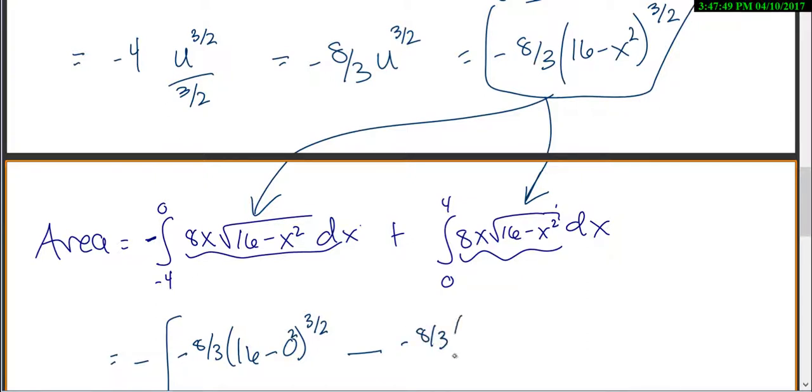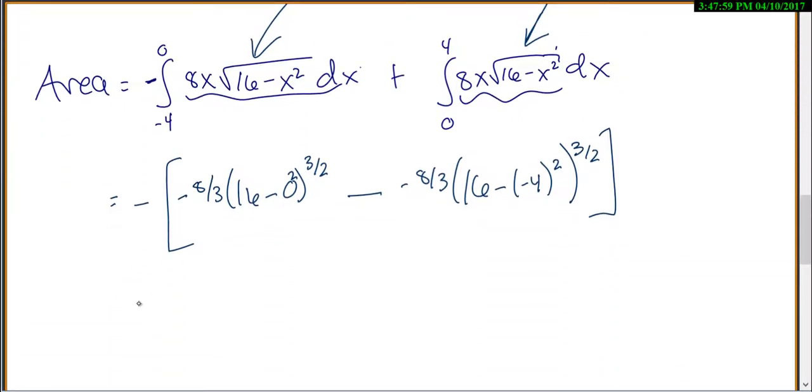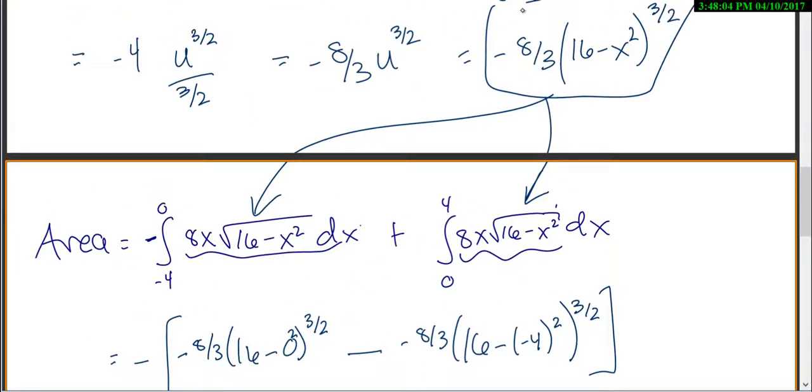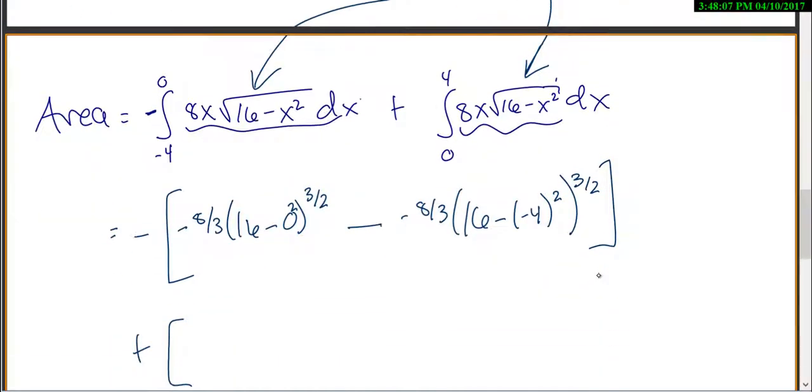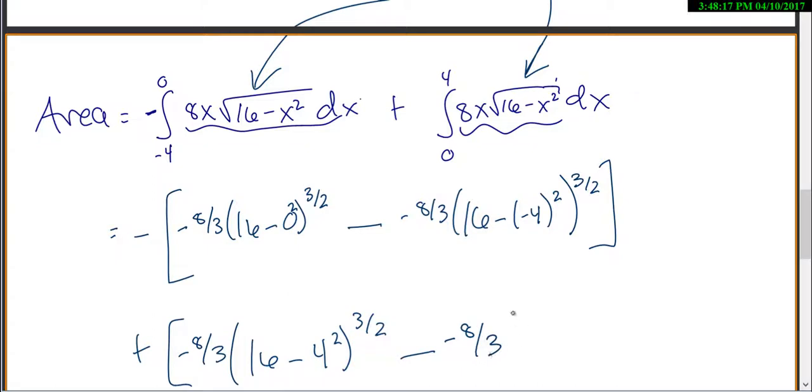So negative 8/3, 16 minus negative 4 squared to the power of 3/2. Plus, now we're going to do our next one. It's the exact same thing. So negative 8/3, 16 minus x squared, 3/2. So negative 8/3, 16 minus your x, which is 4, squared to the 3/2, minus negative 8/3, 16 minus, let's see, our bottom limit 0, squared to the 3/2.